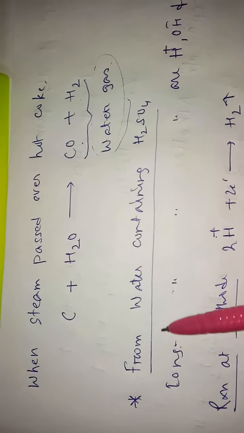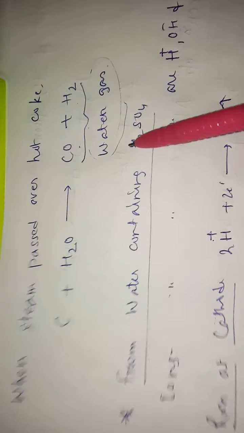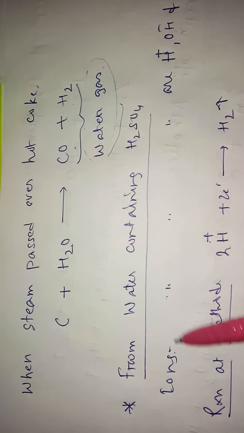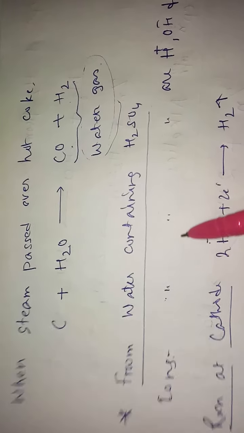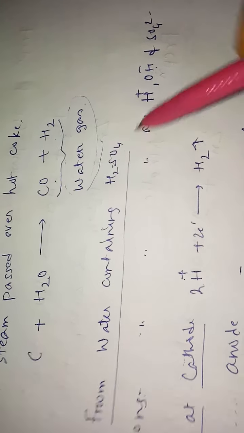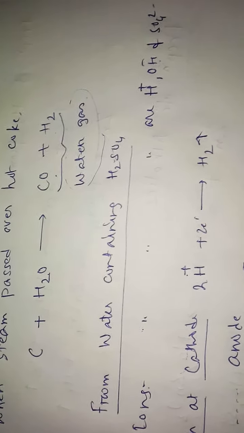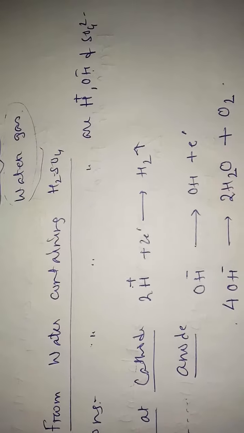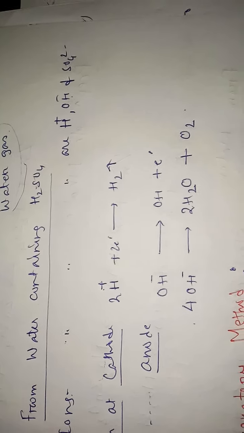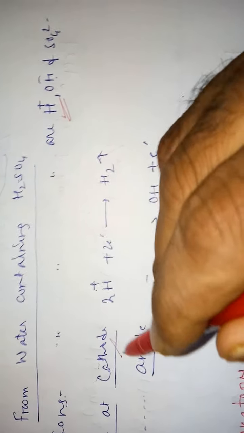Now from water containing sulfuric acid. If water contains sulfuric acid, the ions present are, from water, H positive, OH negative, and from the acid also H positive, then SO4 dinegative. Now what happens, the hydrogen is positive charge, so it goes to your cathode.